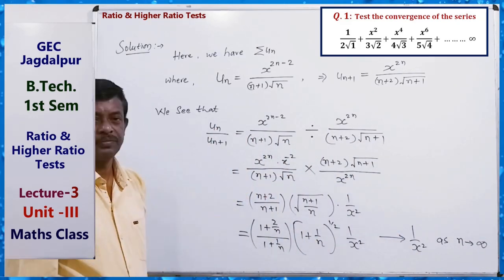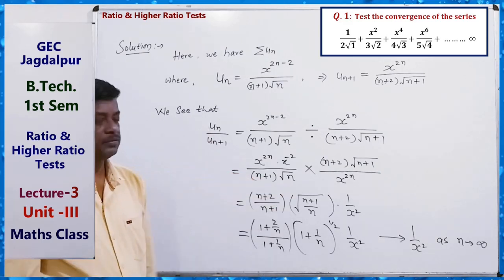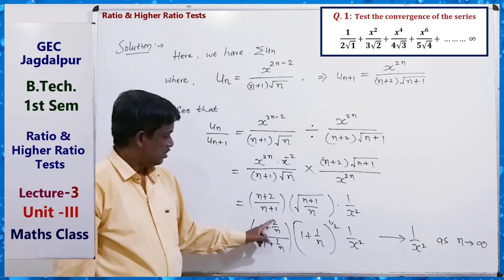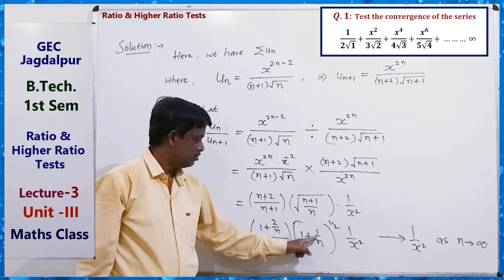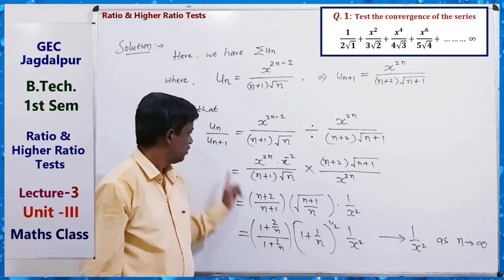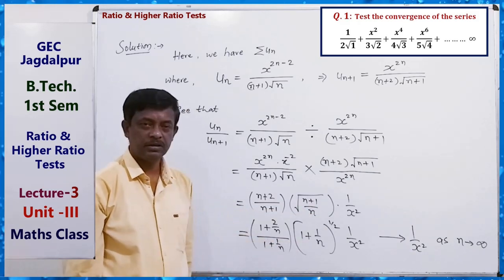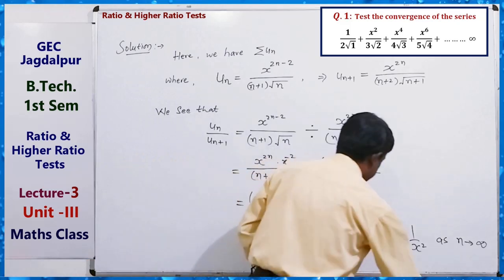We can write its limit is equal to 1 by x square as n tending to infinity, because this is 0, this is 0, this is 0. So its limit is 1 by x square, because 0, 1, 1. Okay.